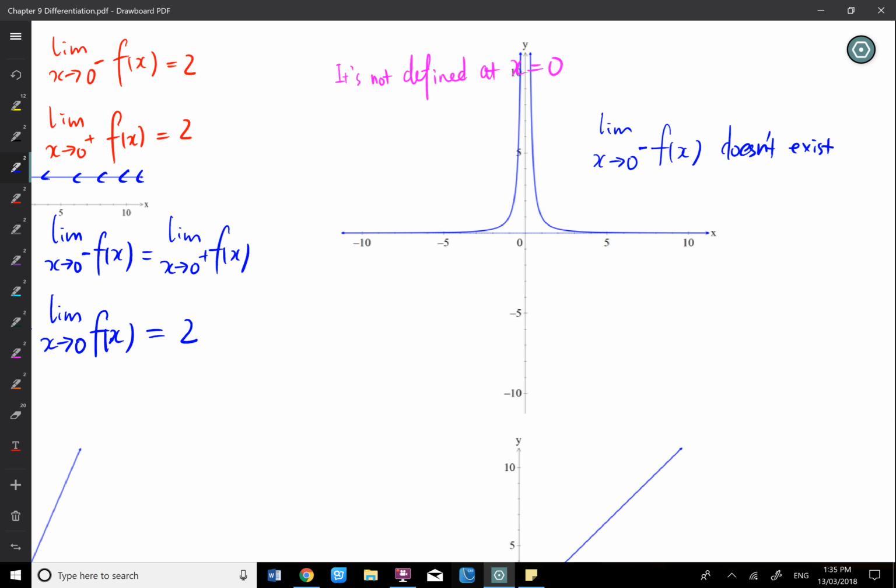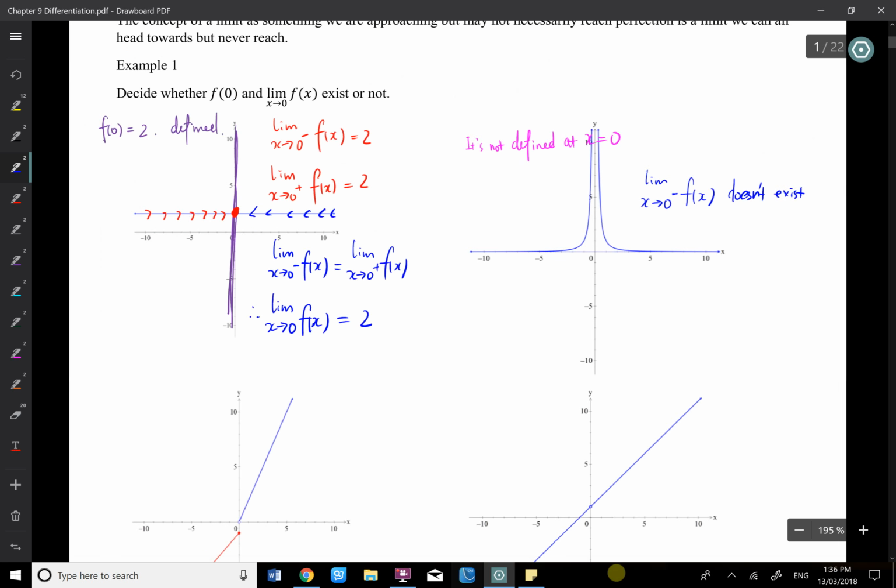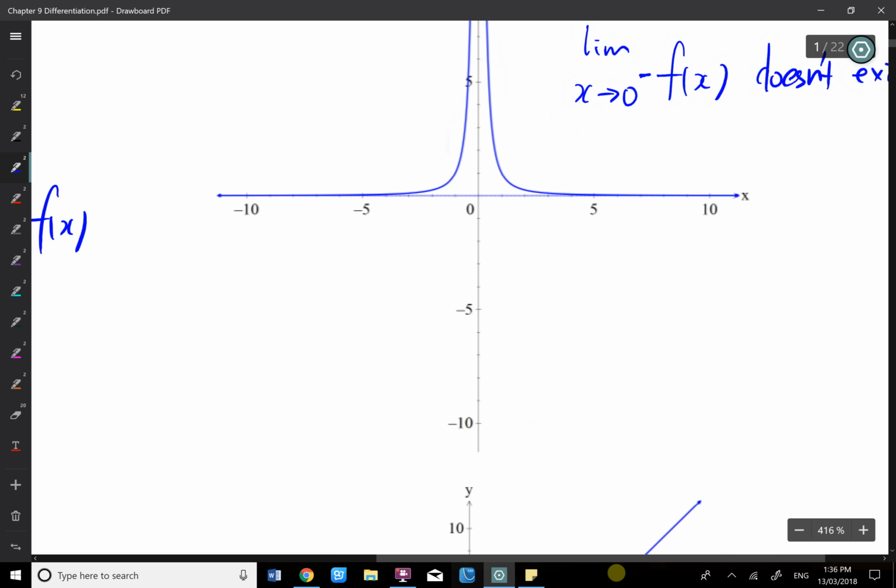That doesn't exist. Approaching infinity means it doesn't exist, because you can't name a number it is actually approaching. So you can say the left-hand side of f(x) does not exist. You can also say the right-hand side does not exist either. So it's enough to make a conclusion already. The limit as x approaches 0 of f(x) does not exist.